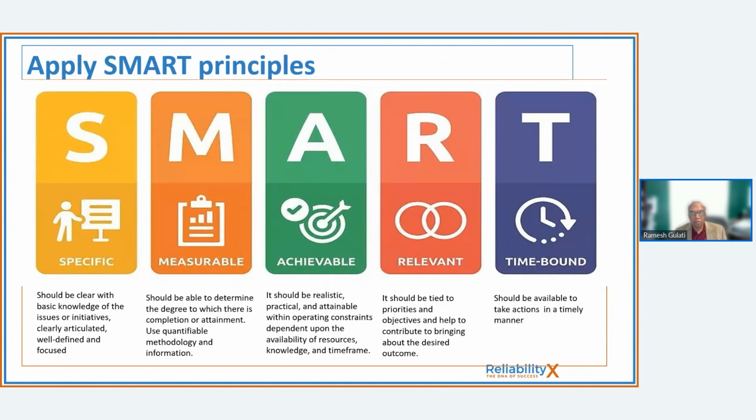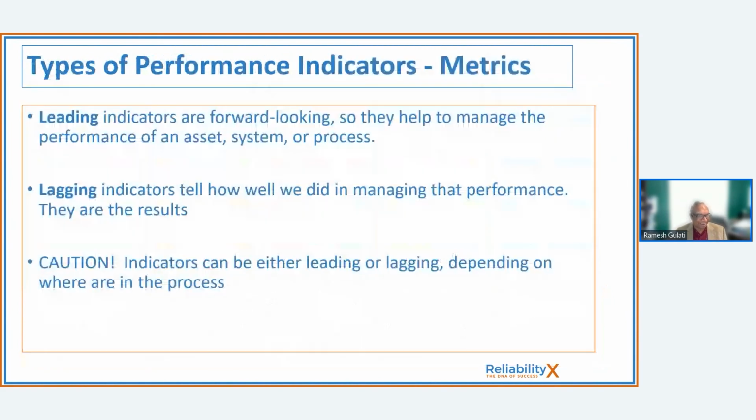Now, there are two kinds of metrics, leading and lagging. Leading indicators are forward-looking to help manage the performance of assets. Lagging indicators are how well we did. What are the results? They're kind of results. What we got is, so there's always a lag in telling us.